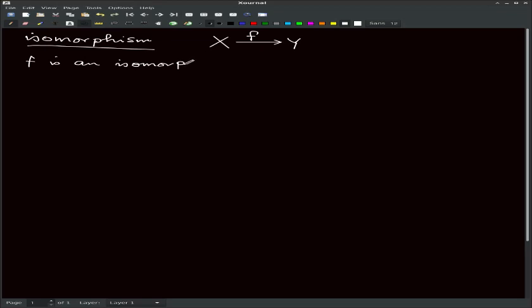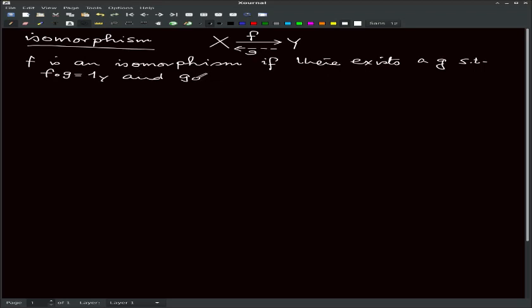F is an isomorphism if there exists a G like this, such that F composed G is identity of Y and G composed F is identity of X. So both of them hold.